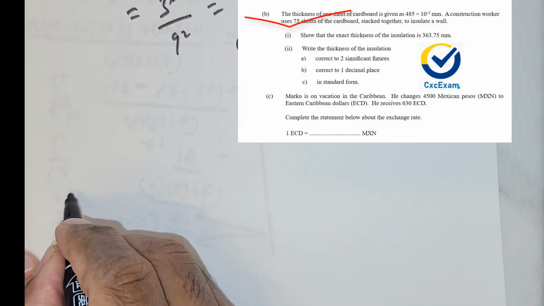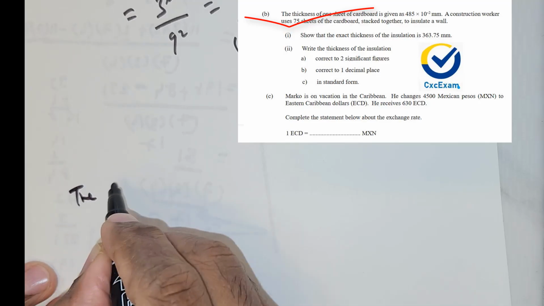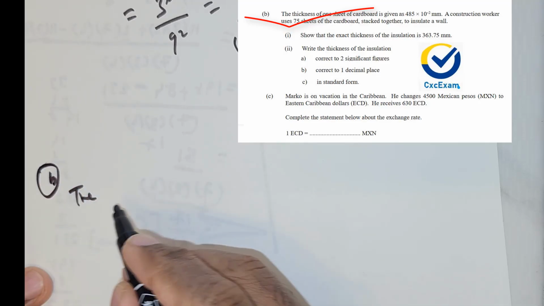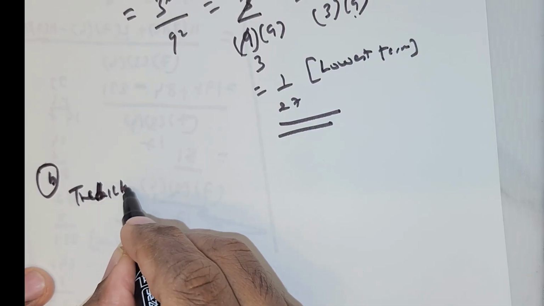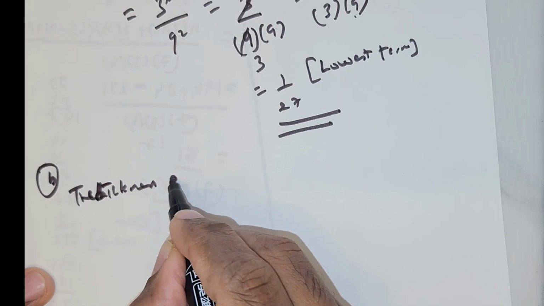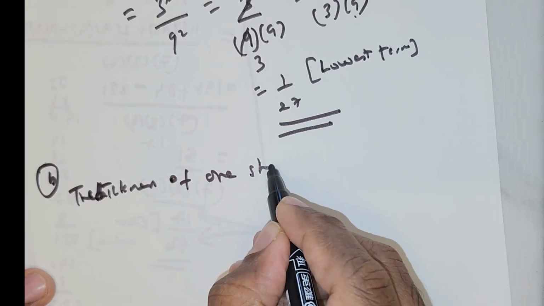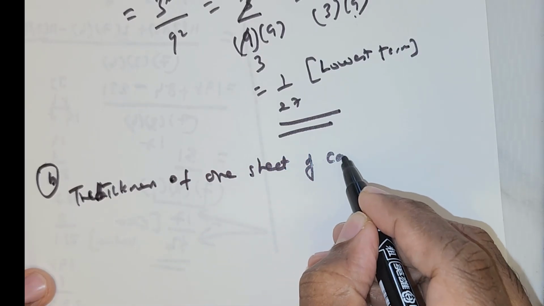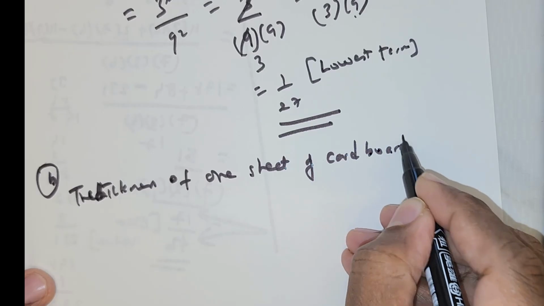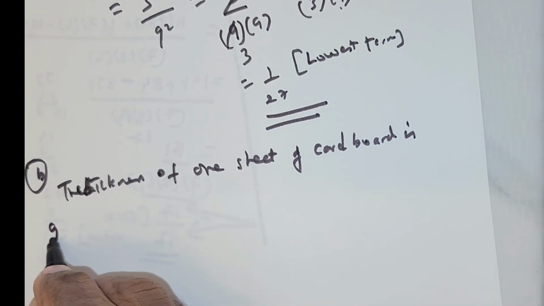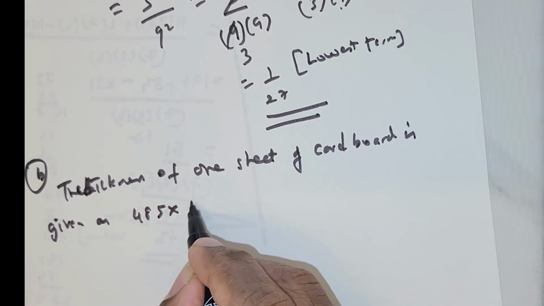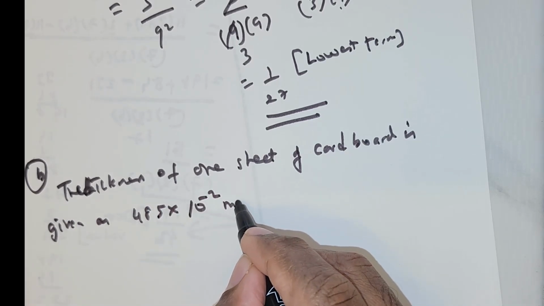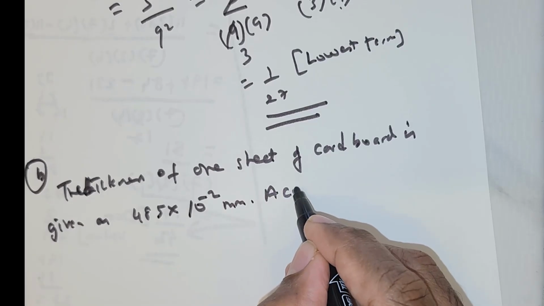This is the next question, question B. The thickness of one sheet of cardboard is given as 485 times 10 raised to the power of minus 2 mm.